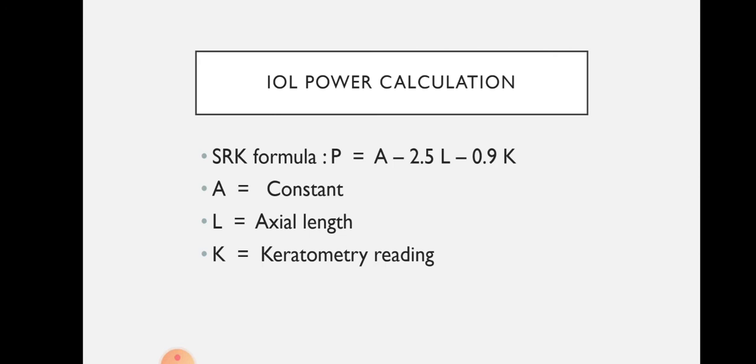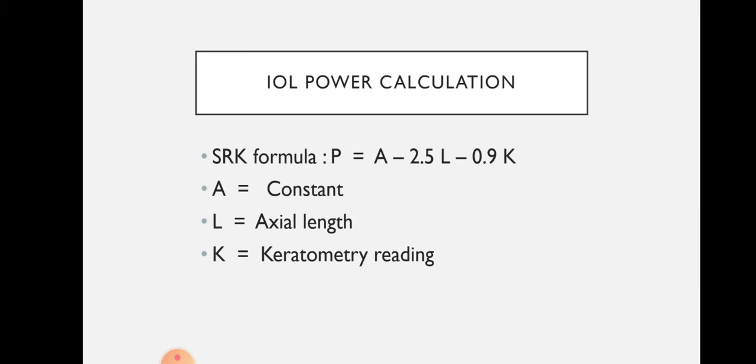Now, this SRK formula is P equals A minus 2.5 L minus 0.9 K. Here, A is a constant which changes depending on the material of the intraocular lens. L is the axial length and K is the keratometry reading.